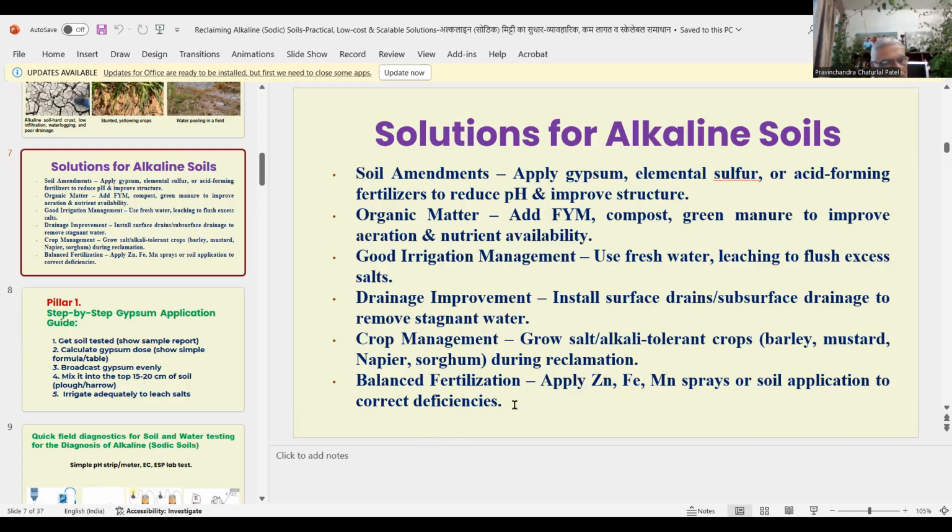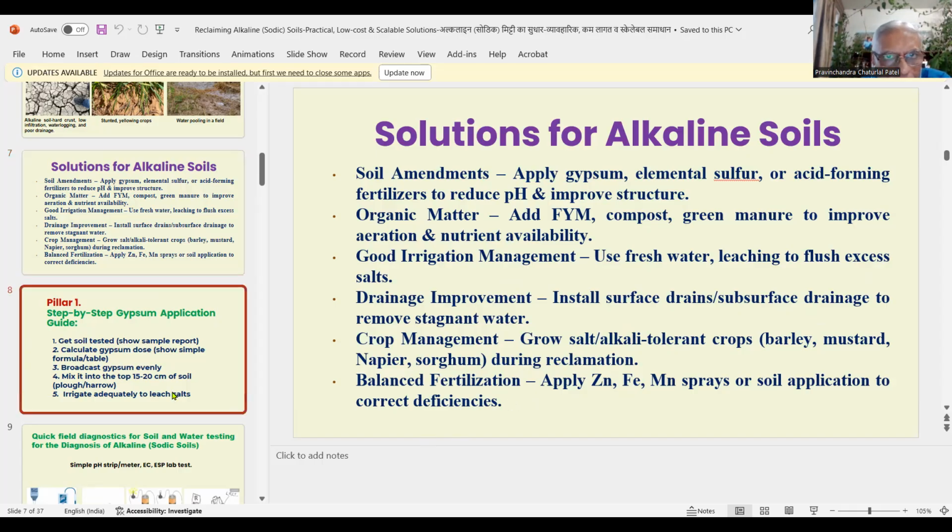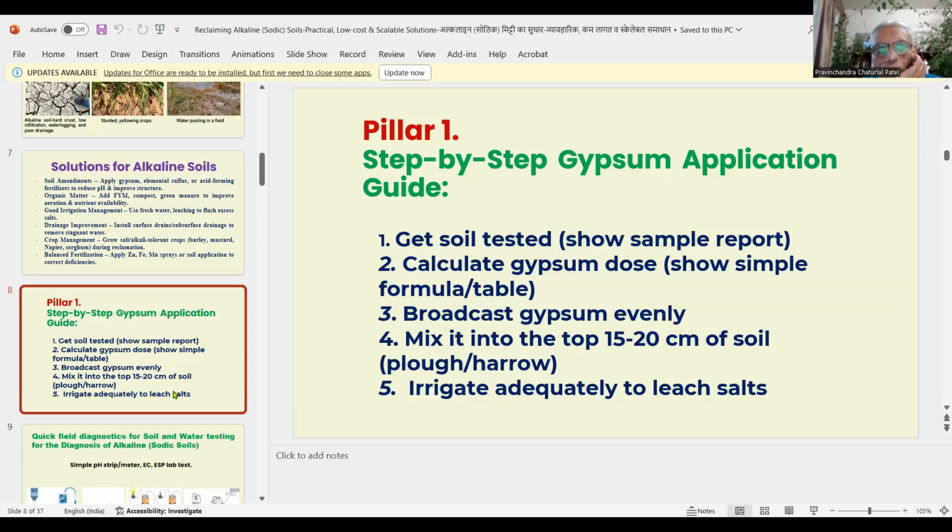So how can we know? By carrying out soil testing. In pillar 1, the step-by-step gypsum application guide: get the soil tested and see the report.